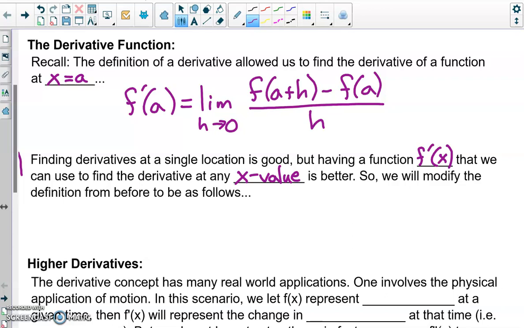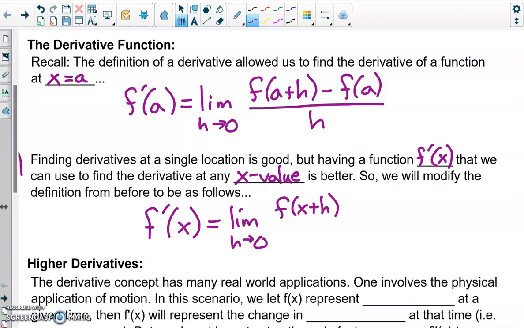So all we're going to do is modify the definition to be as follows. And it's a really easy adjustment. You just have f prime of x now equaling the limit as h goes to 0 of f of x plus h, then minus f of x all over h.